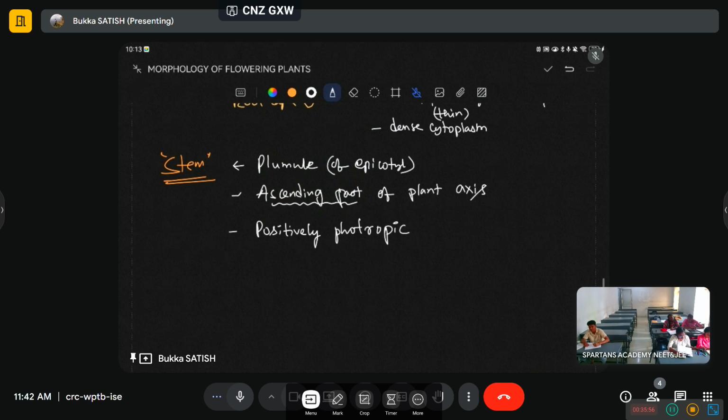PIC, not PHIC. PHIC means nutrition. PIC is growth, right? So it is growing towards the light. That's why it is positively phototropic and negatively geotropic.